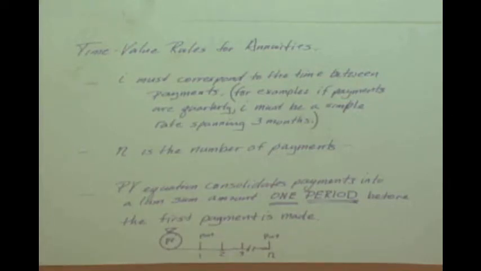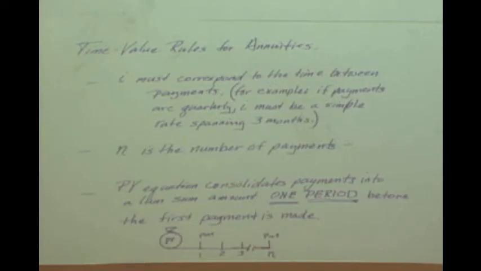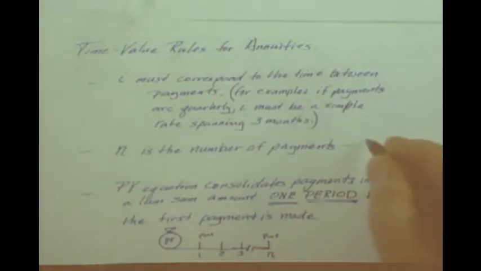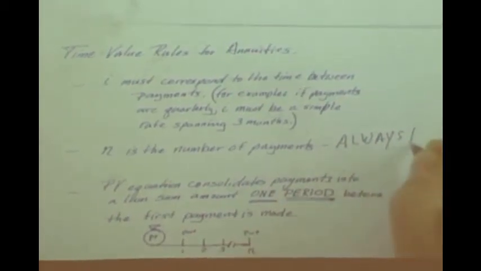For example, if our payments are 3 months apart, quarterly, i must be a simple interest rate spanning a 3-month period. n was the number of periods in our building block equation. It still is, but more importantly, it is the number of payments. Always. Don't break that rule.